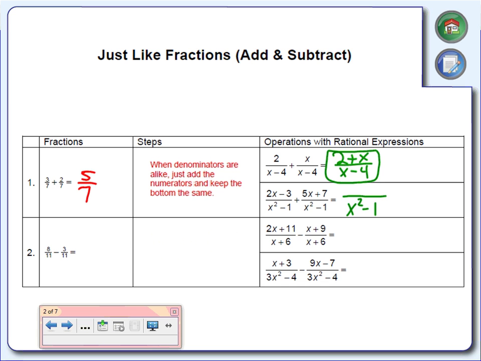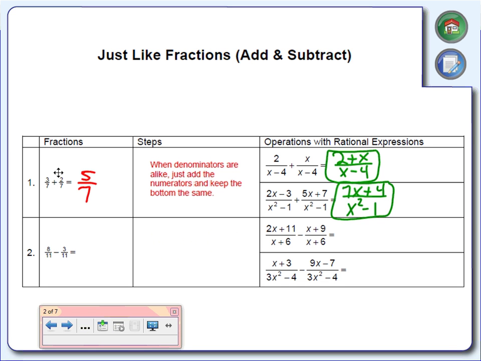So what do you get when you add the 2x with the 5x? 7x. What do you get when you add the negative 3 plus 7? Negative 3 plus 7 is a positive 4. Again, we always want to see if we can reduce it. I can tell you this one right here does not reduce. So we're done with that one. That's our answer. So again, we've got to make sure we have a common denominator first.